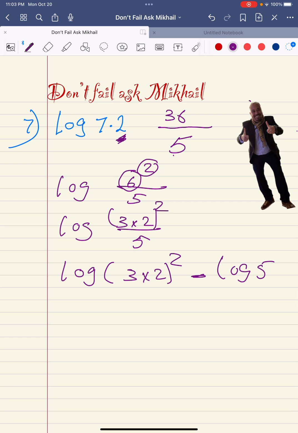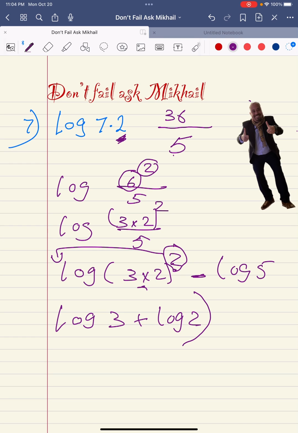Now use rule number one, which is multiplication, and rule number 3, which is exponent, and that will be log 3 plus log 2. And remember, you have to put the 2 here for rule number 3, minus log 5. And now that's 2 times the values for log 3 and log 5, log 2 minus log 5.